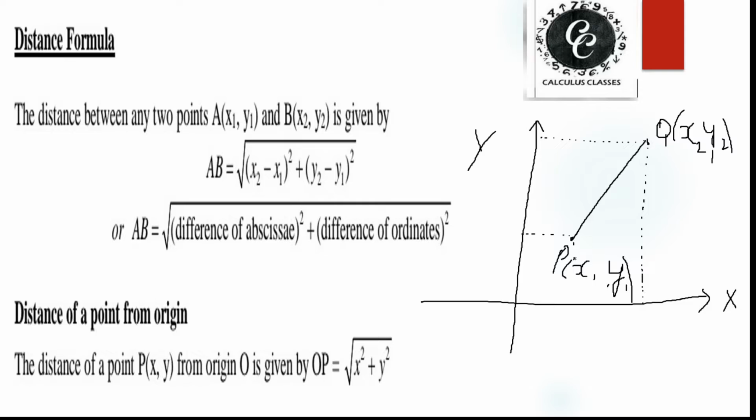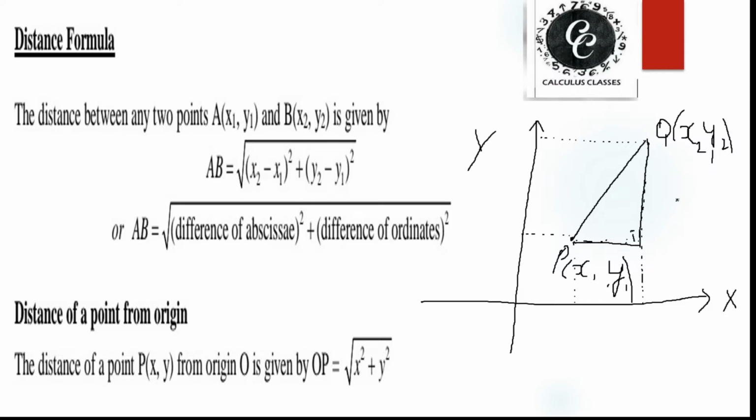The distance between P and Q can be calculated by applying the Pythagoras theorem. That means this is the perpendicular in this triangle and this is the base. This will give the distance between the two points.